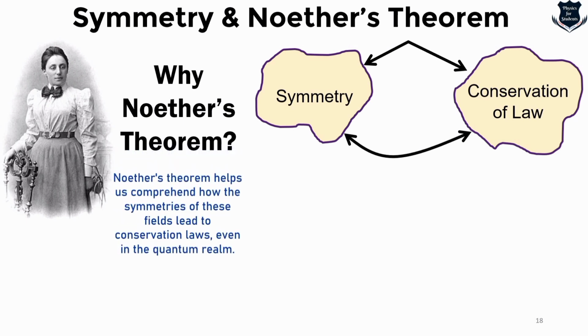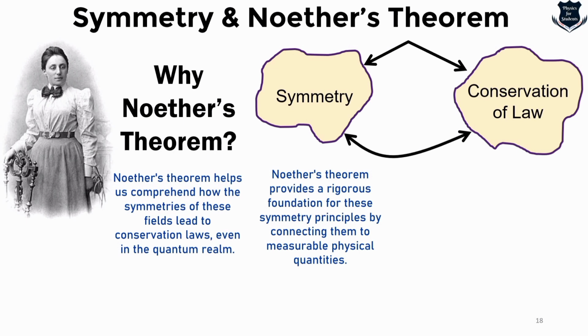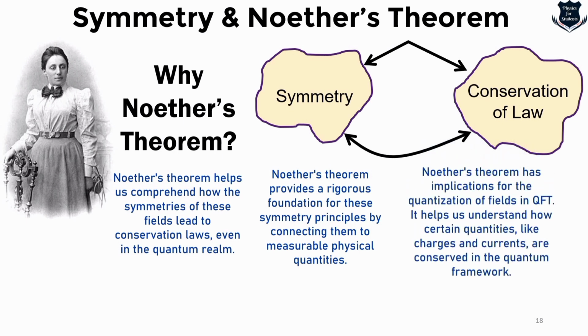So Noether's theorem, the link is that it helps us to comprehend how these symmetries actually lead to conservation laws. It also helps us to provide a rigorous foundation of the symmetry principles, and Noether's theorem actually has implications for the quantization of fields and quantum field theory, and it helps us to understand how certain quantities, I mean to say charges, currents, etc., will be conserved under the framework.